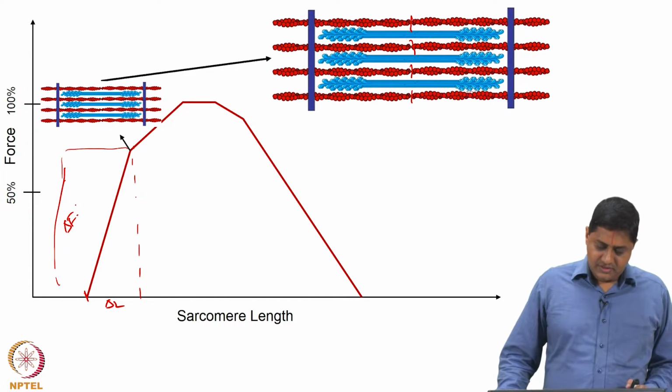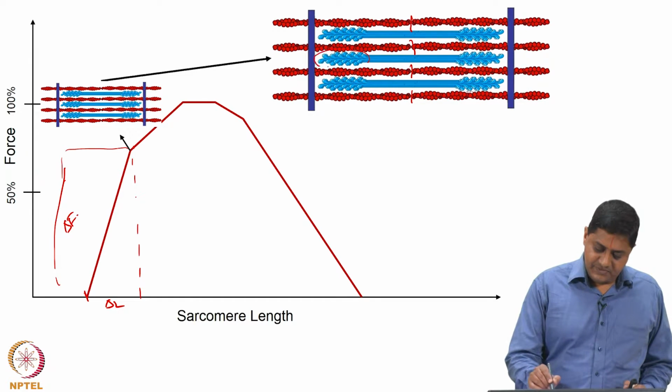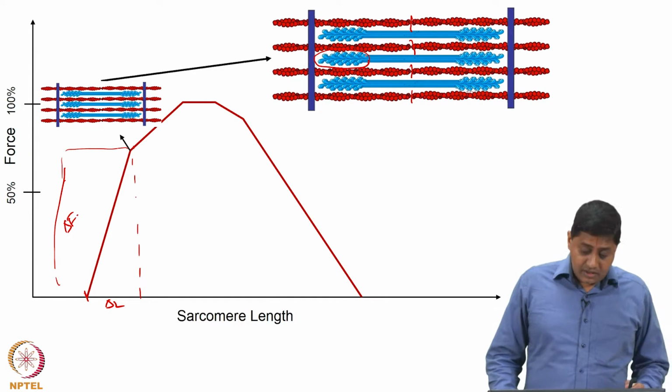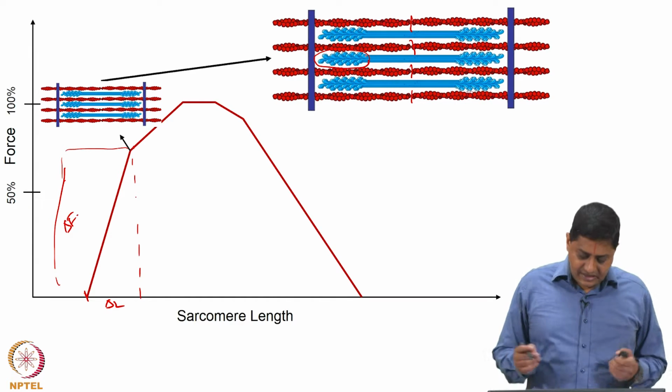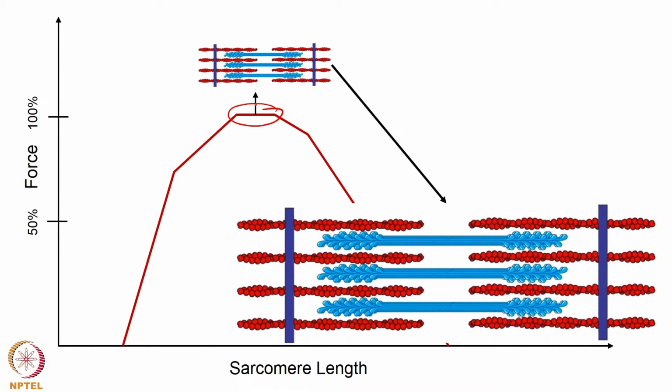Now there is a greater possibility that myosin gets access to actin binding sites. Now, I can further increase the length, and at around that point I am going to have a situation where there is maximum actin myosin overlap. Let us remember that it is the interaction of myosin with actin that causes force production in the sarcomere and in the muscle.